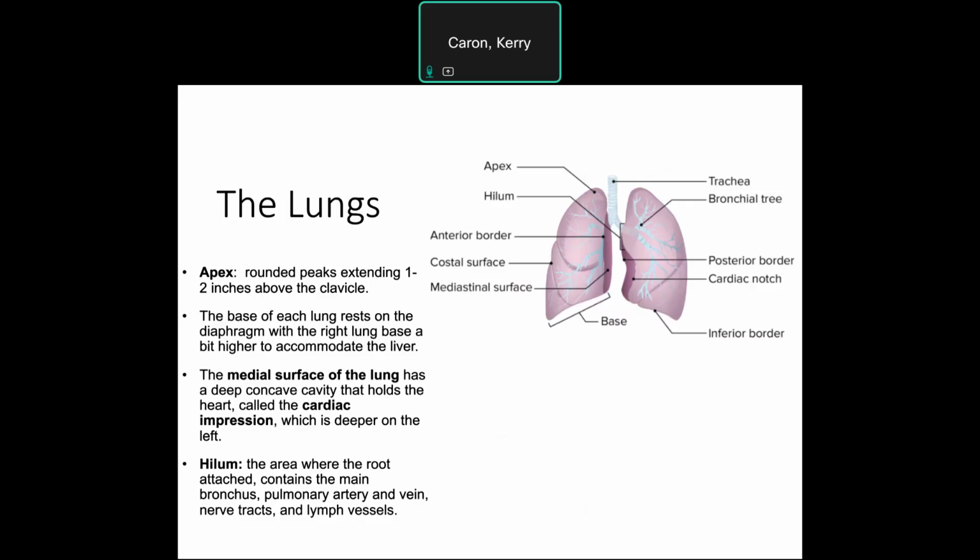The medial surface of the lung has a concave curvature, which we call the cardiac notch or the cardiac impression, where the heart fits. The hilum is the area where the root is attached, where the main stem bronchus, the pulmonary artery, vein, nerve tracts and lymph vessels attach.